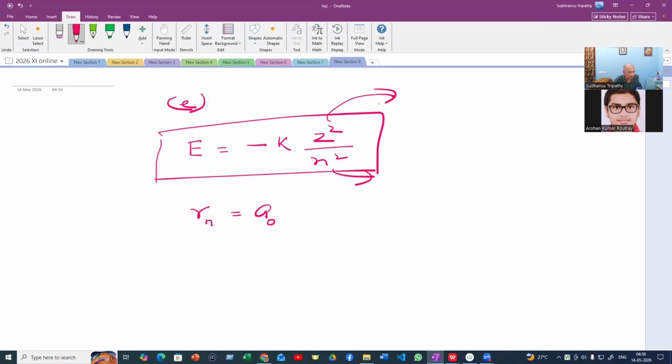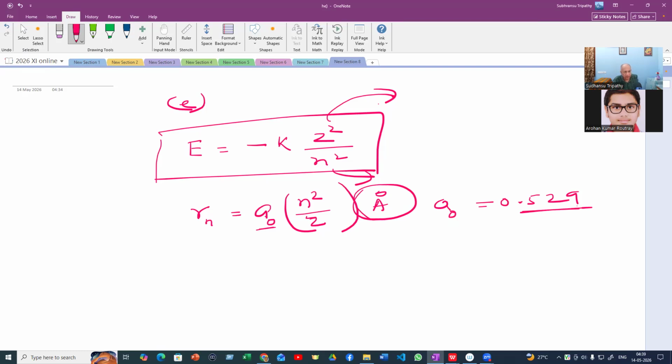So the radius is a naught n square by Z angstrom. Since you have already written angstrom, the value will be only 0.529.